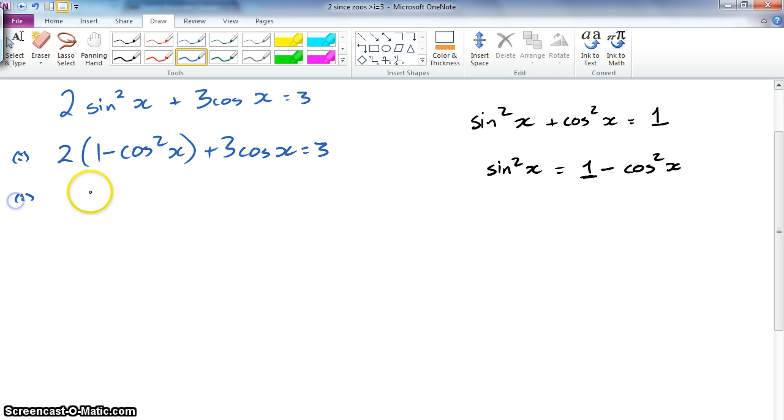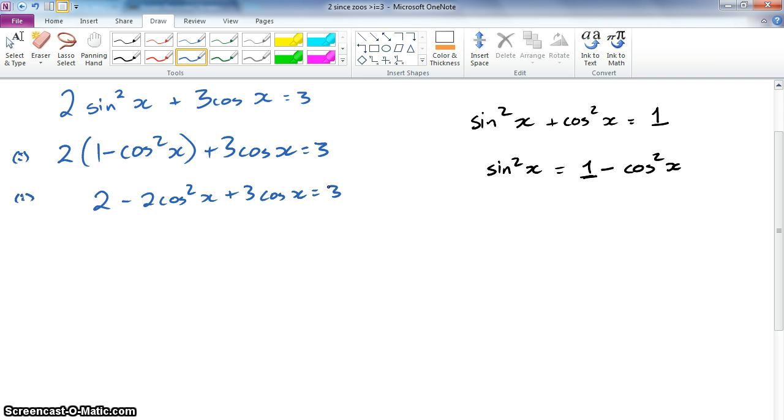Just expand that bracket and I've got 2 minus 2 cos squared x plus 3 cos x equals 3. Now hopefully by now you'll recognise what I've got here is a quadratic expression, except instead of being in terms of x, it's in terms of cosine x. That's not going to be a problem.